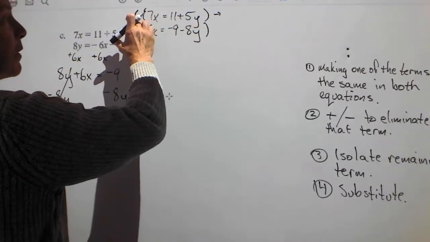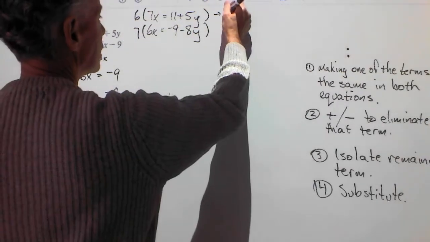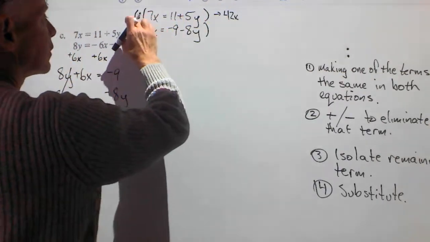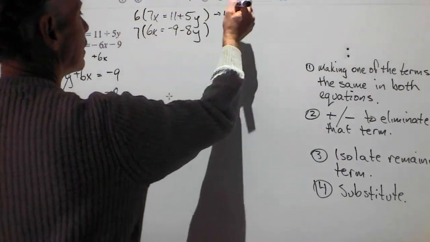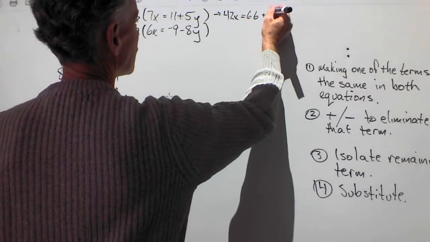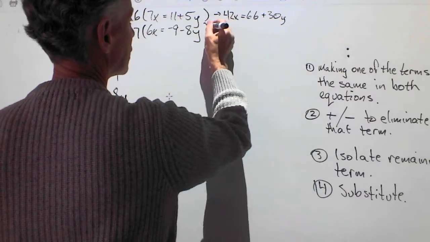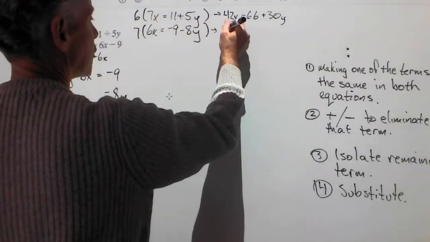You'll see that when we carry out the multiplication, 6 times 7 is 42x, equals 6 times 11 is 66, 6 times 5 is plus 30y. The one below becomes 7 times 6 is 42x.